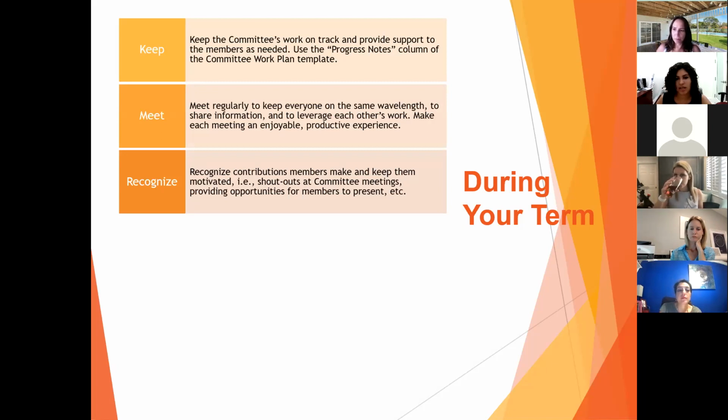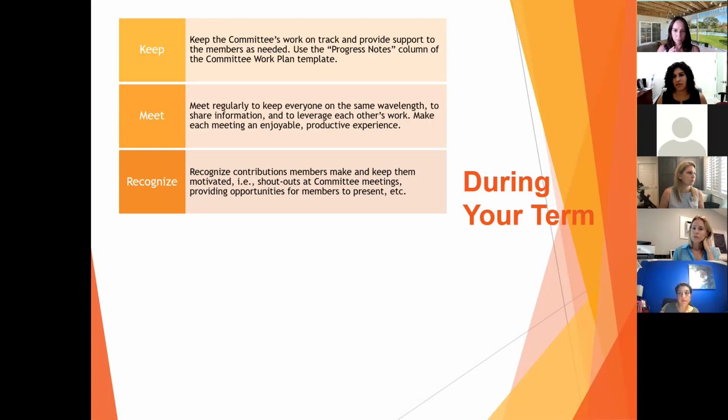Some of the ways we can do this is, during your meetings, acknowledge people who are really going above and beyond on your committee. And you'll see that a little bit more during the year. It goes without saying with any committee, not everyone is going to be as engaged and involved as other members. That's okay.